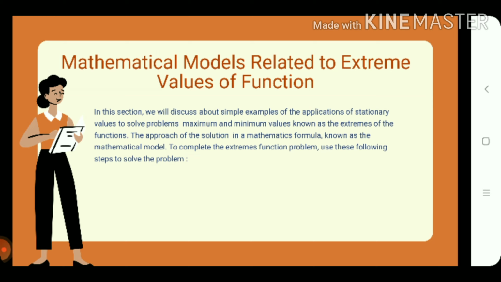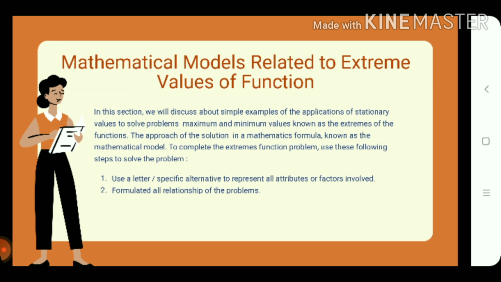To solve an extreme function problem, use the following steps. Number 1, use a letter or specific symbol to represent all attributes or factors involved. Number 2, formulate all relationships of the problem.